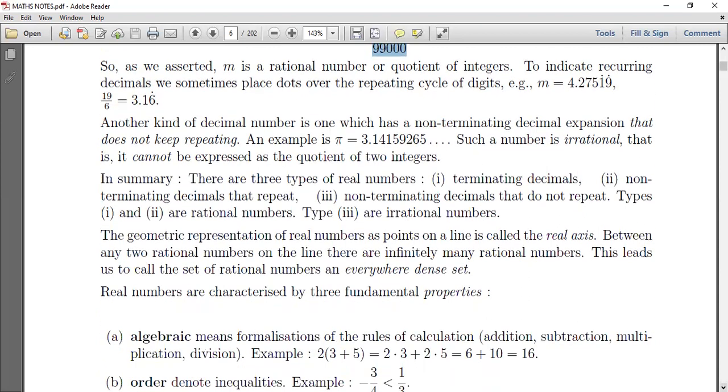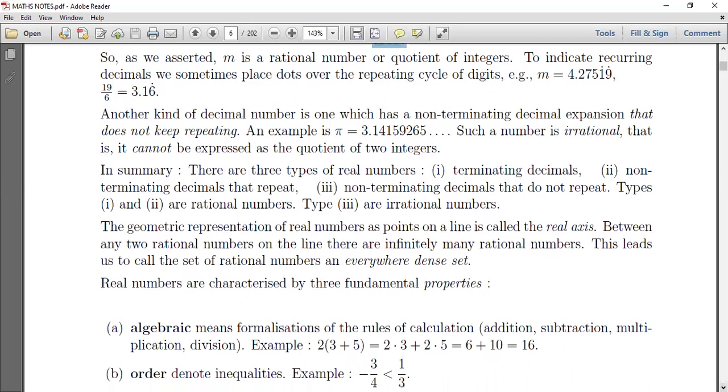This is just there to show you that if you see a decimal which is repeating itself, it's a rational number. Okay, but sometimes in mathematics, instead of putting those dots at the end of a non-terminating decimal number, we can put dots on top of a number which repeats itself.